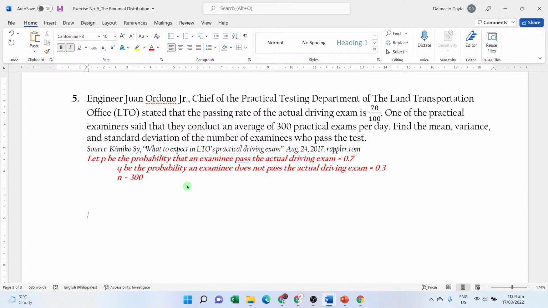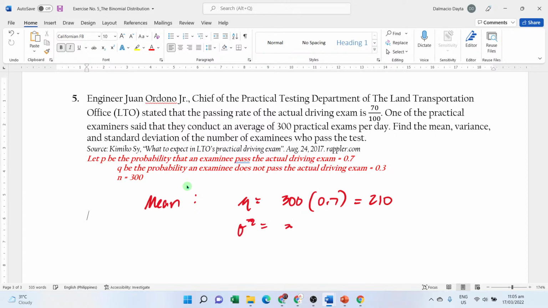So solve tayo. For the mean, that is equal to 300 times 0.7. Ayan, 300 times 7, 2,100. Pero we have one decimal point, so 210.